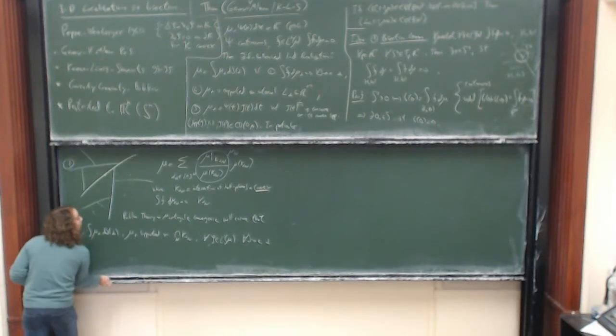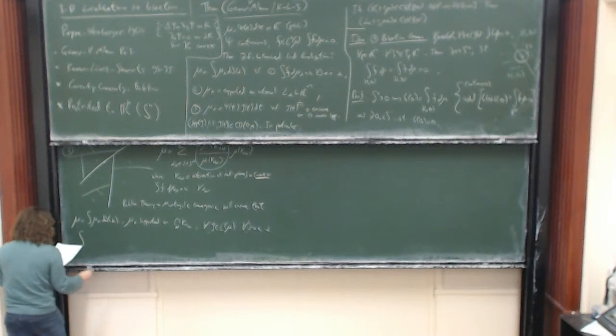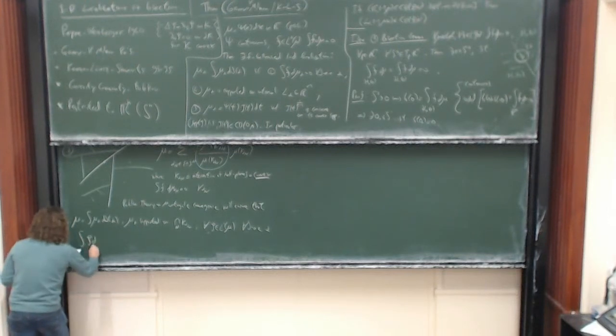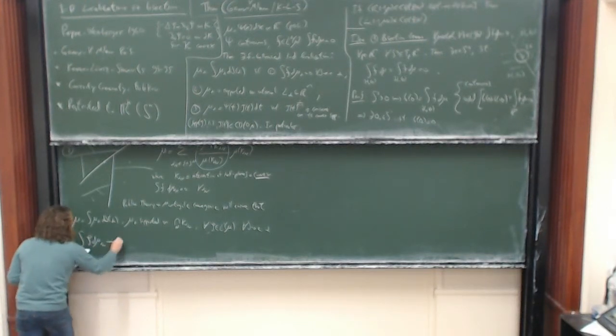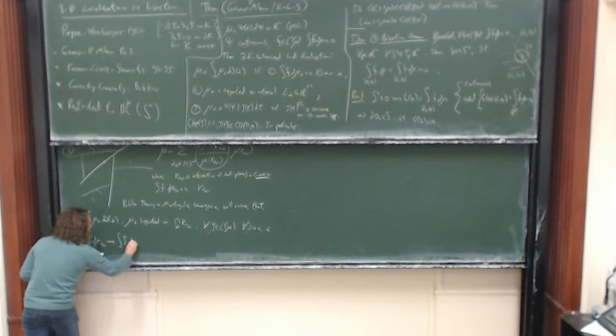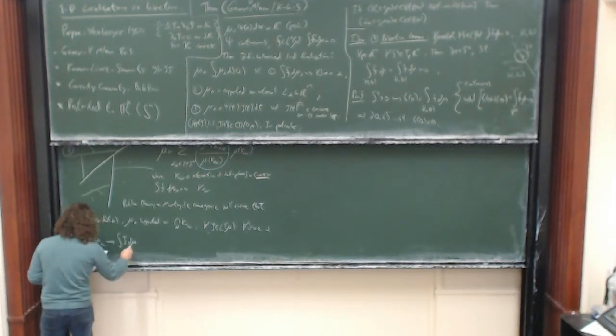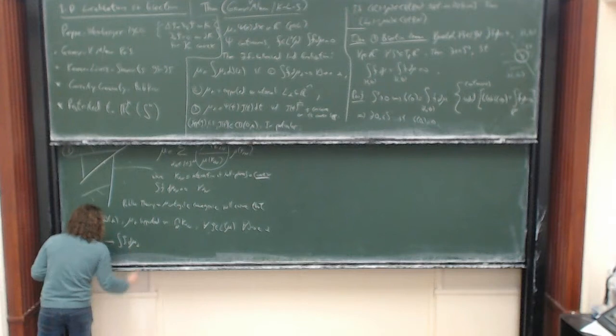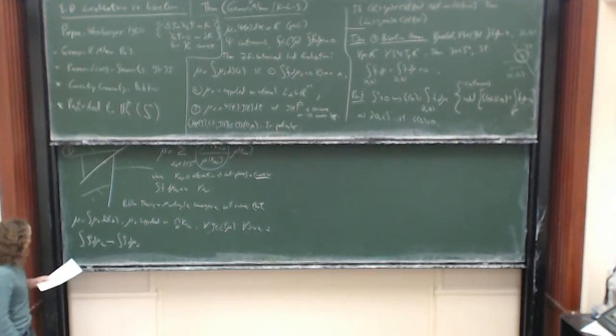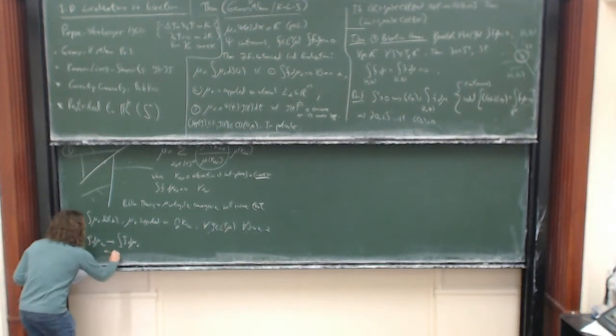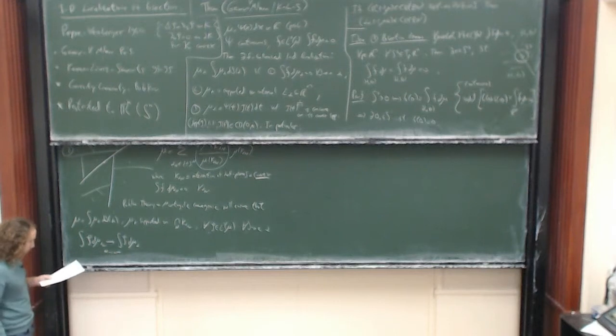So phi mean alpha n will tend to phi, actually, I think even without taking a subsequence, as n goes to infinity. Okay.